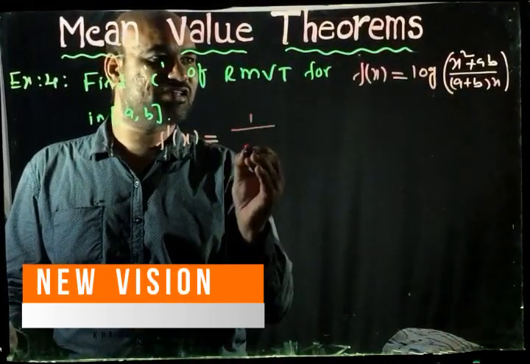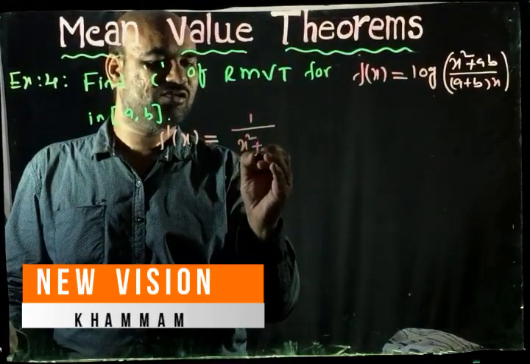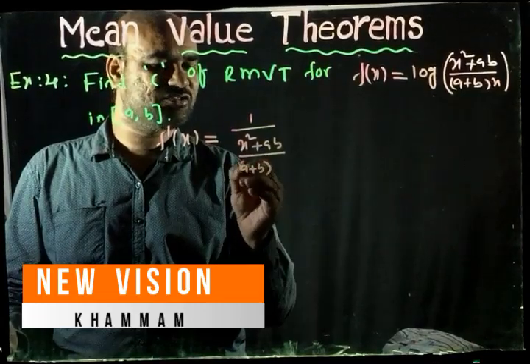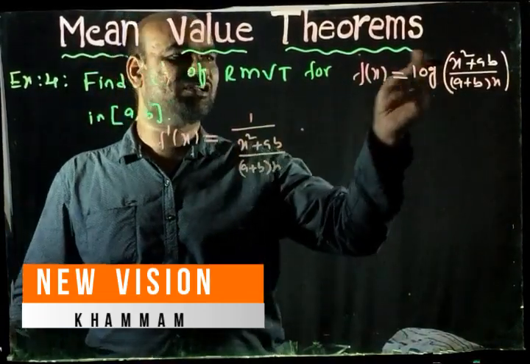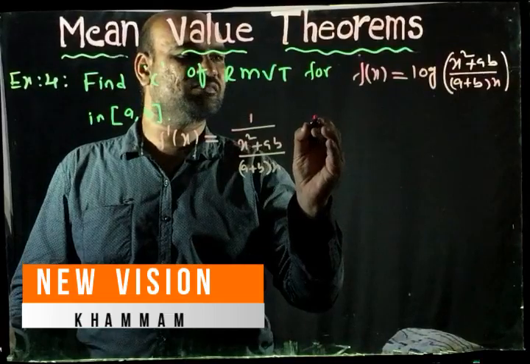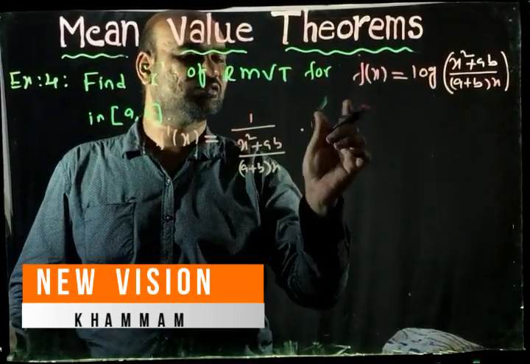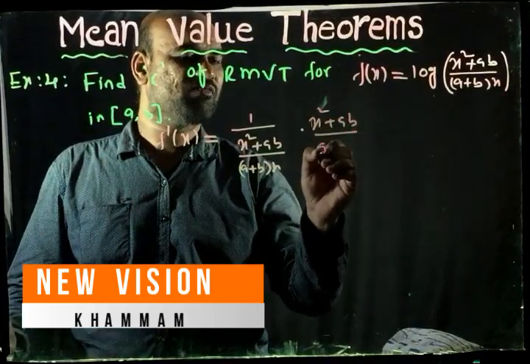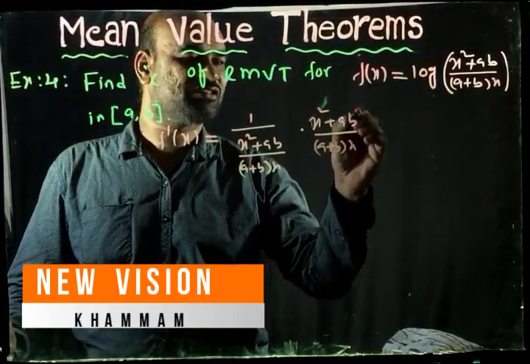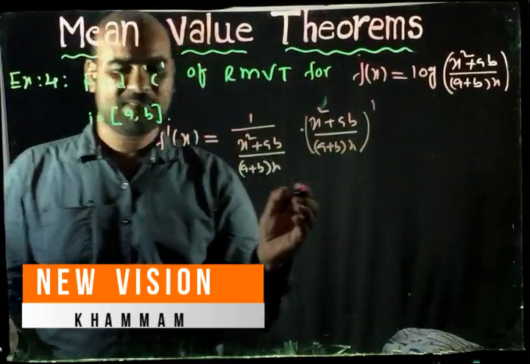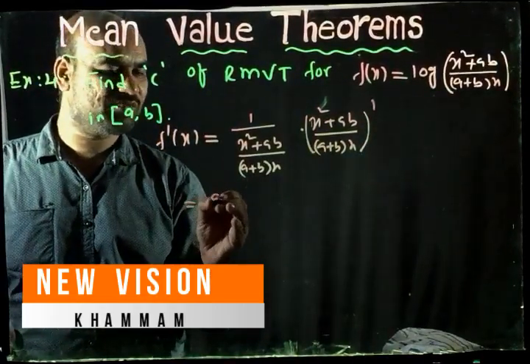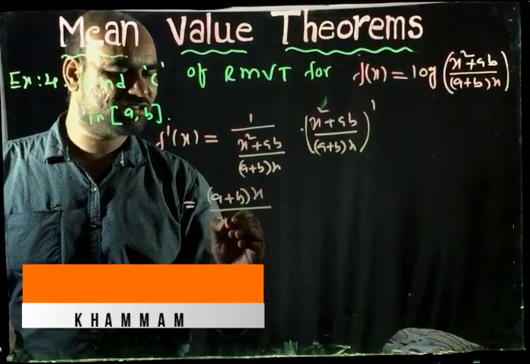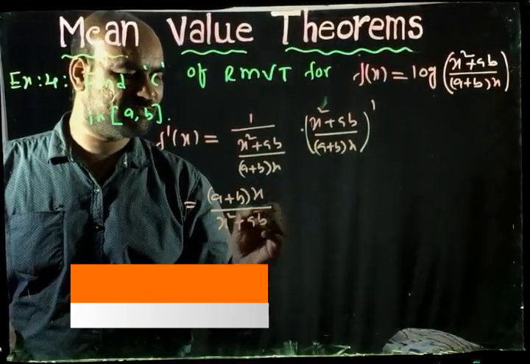So 1 by f of x means (x square plus ab) by (a plus b) into x, and the inner function is in u by v form. So I am writing here, (x square plus ab) by ((a plus b) into x) dash, which becomes (a plus b) into x by (x square plus ab).